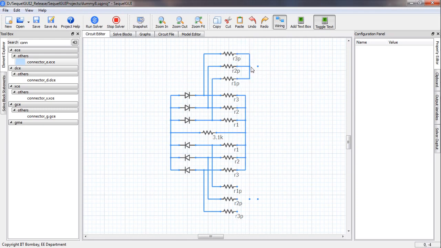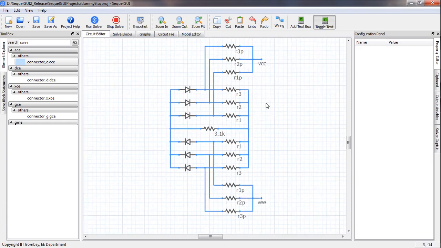And note that we have placed one additional connector over here, and we will name that node as VCC. So let us click on this wire and call that VCC. Okay, so we have got VCC here and VEE here. Our next step is to make sure that these nodes are actually sitting at plus 15 and minus 15 volts.